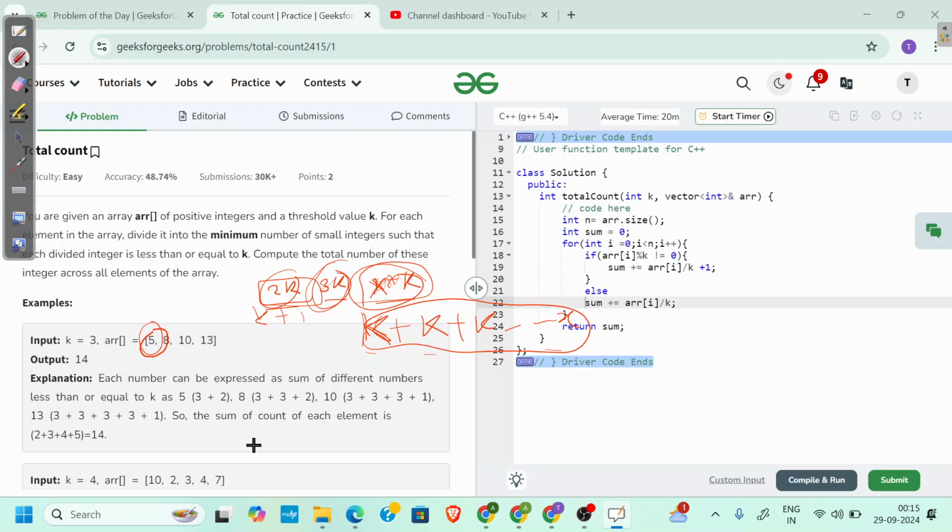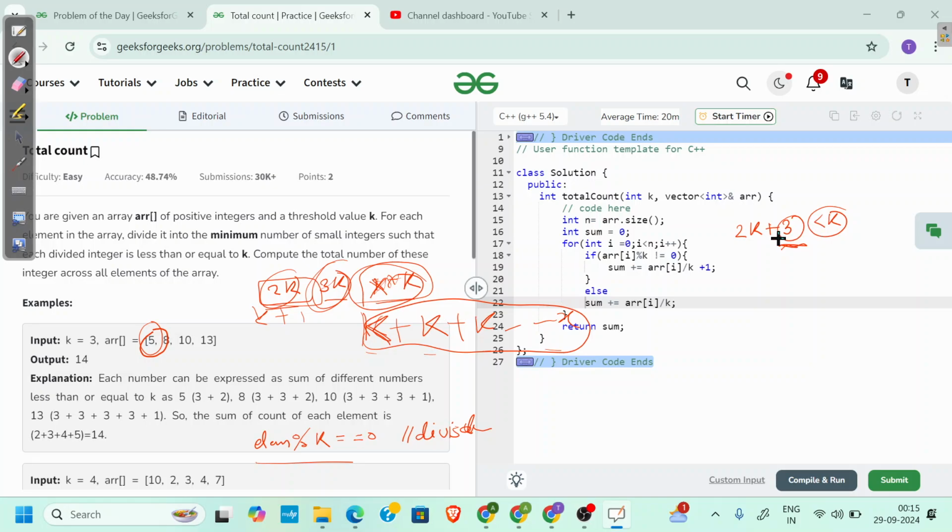So what is the other case? If the element modulo k is not 0, it is not divisible. Suppose it is 2k plus something, and the remainder will be less than k.